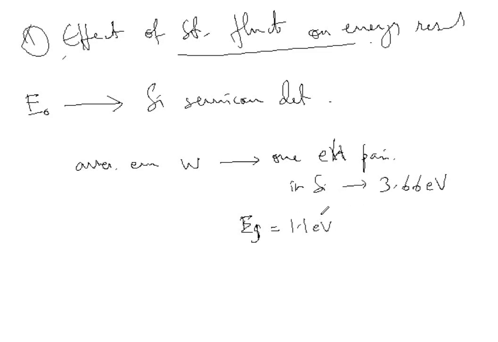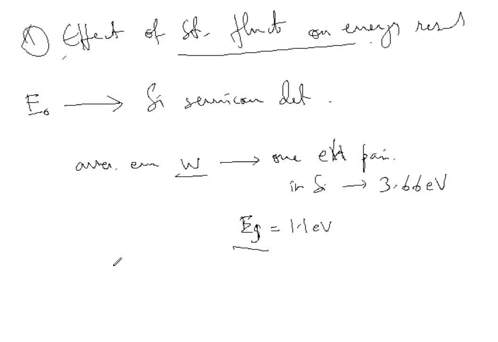Now this difference between W and EG shows that part of the energy of the incident particles is dissipated into processes that do not generate charge carriers. Any process that consumes energy without producing electron hole pairs is of course useless to the generation of the detector signal.